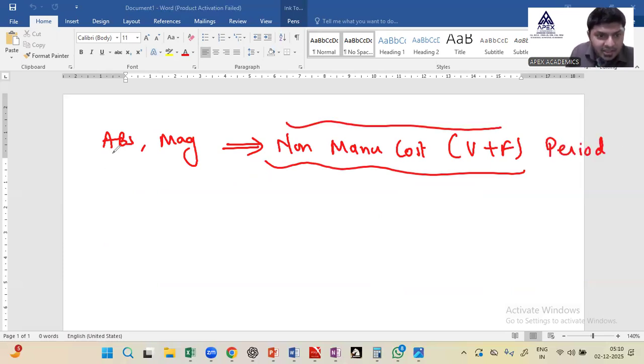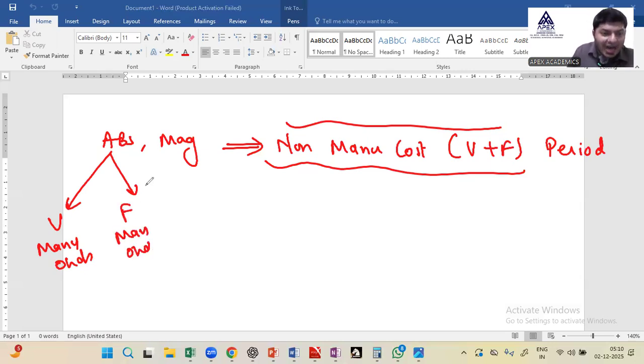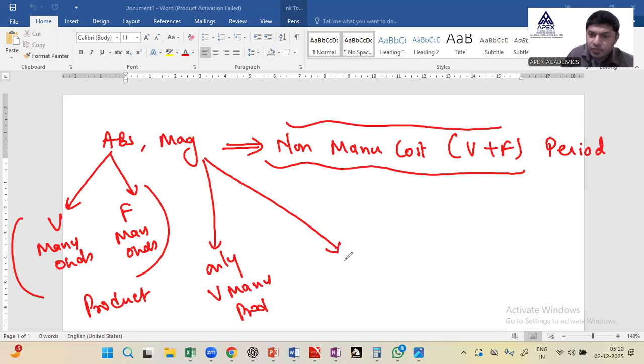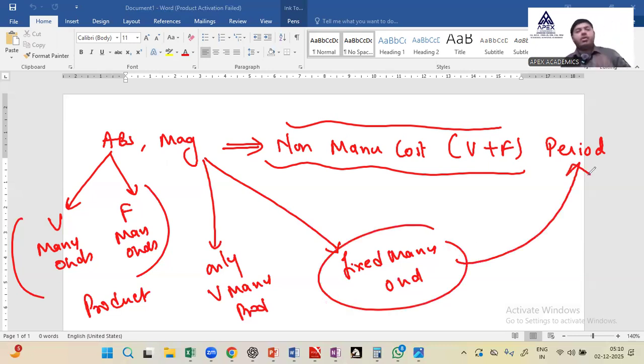The problem is that in absorption costing, your variable manufacturing overheads as well as your fixed manufacturing overheads are treated as product cost, but under marginal costing, only variable manufacturing overheads are your product cost, whereas your fixed manufacturing overheads automatically become a period cost. So this is something you need to be careful about.